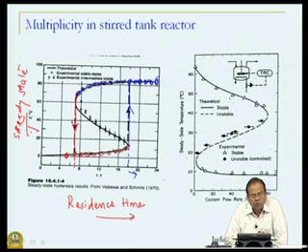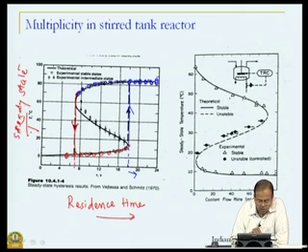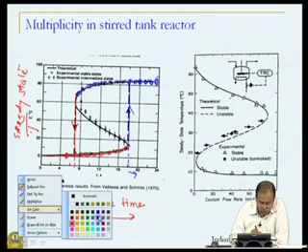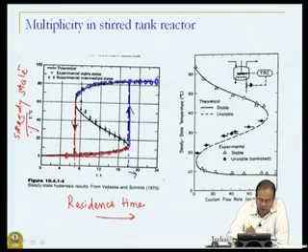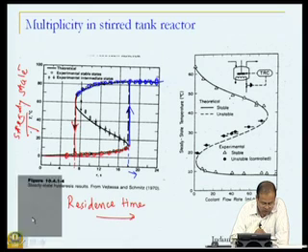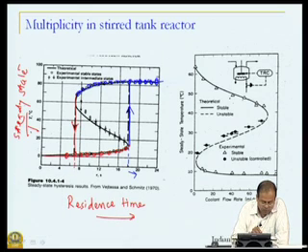So, what do we see here? We see a hysteresis. Increasing the residence time first gives us this particular branch of solutions, and then suddenly the temperatures go to a very high value. Decreasing the residence time gives us high temperatures, but then suddenly temperatures go down.